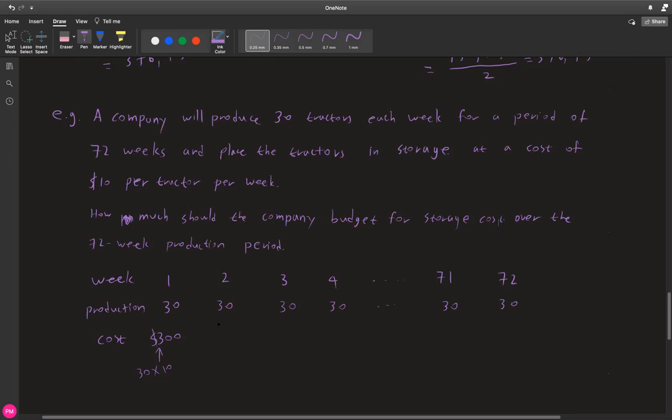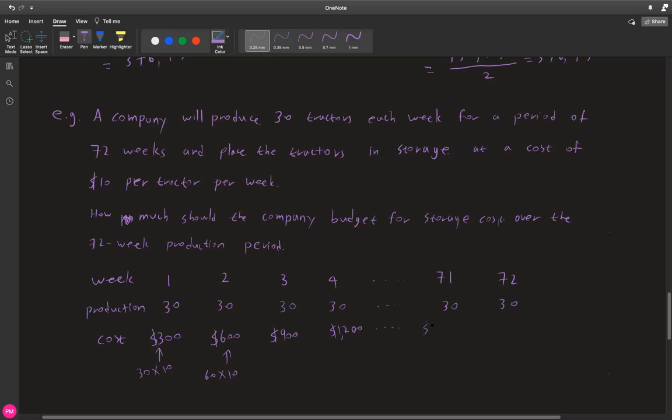So in the second week, you're simply multiplying the number of tractors, which is 60 by this time, by $10. So it's going to be $600. And this is simply 60 tractors multiplied by 10. And we're going to continue all that all the way up to the 72nd week. So this will be $900, $1,200, all the way up to the 71st week.